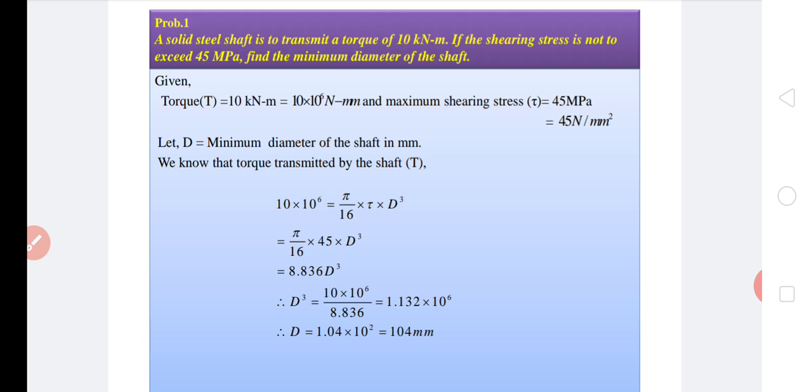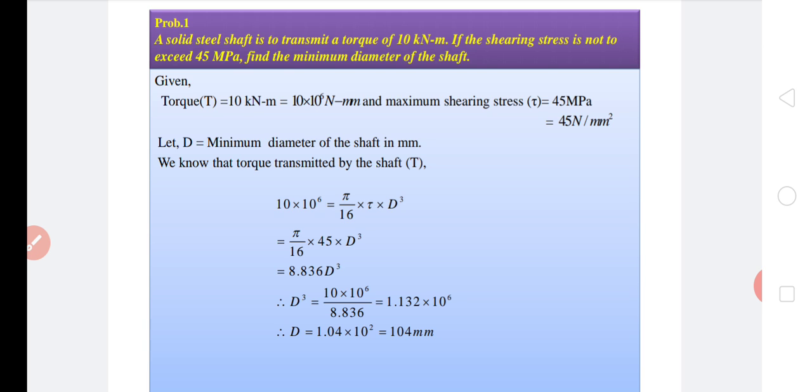Here, torque T is specified as 10 kilonewton meter, that means 10 into 10 to the power 6 Newton millimeter. We convert from kilonewton to Newton and meter to millimeter, so 10 to the power 6. Maximum shearing stress tau equals 45 MPa, that means 45 Newton per millimeter square.